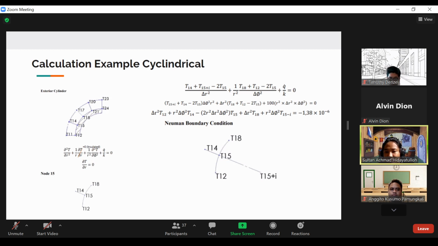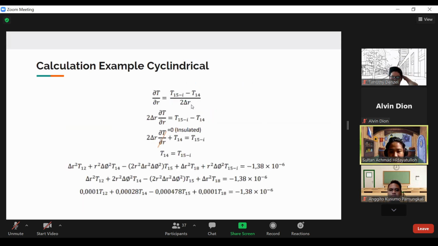So, and then we took the Neumann boundary condition because it is in the exterior. Next. And we took del T per del r equal to 0. And then we solved this and we found the equation for node 15.